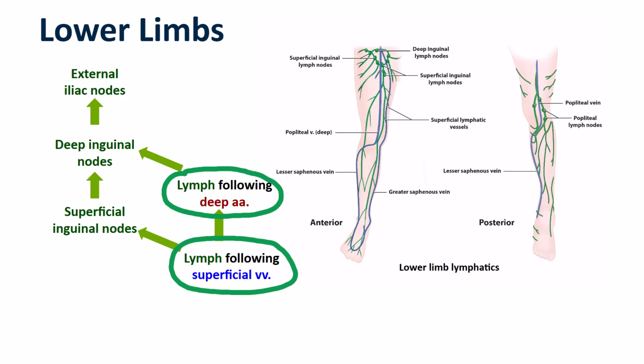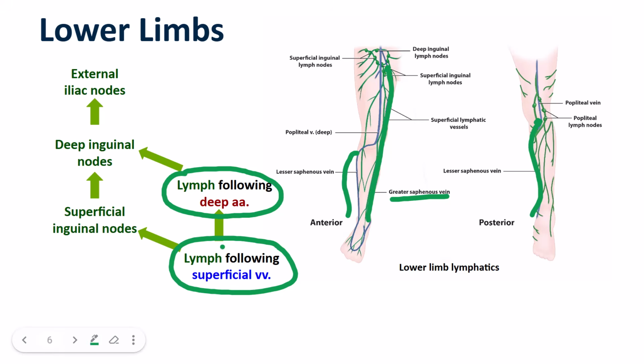Now, if you recall, the superficial veins are the saphenous veins. So you've got a great saphenous vein moving from the medial malleolus, ascending along the medial aspect of the thigh up to the femoral triangle. You have a lesser saphenous vein, or the small saphenous vein, which goes from the lateral malleolus and feeds into the popliteal fossa. So let's think about that for a second.